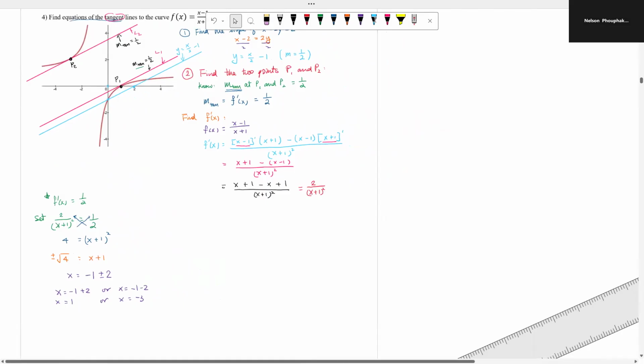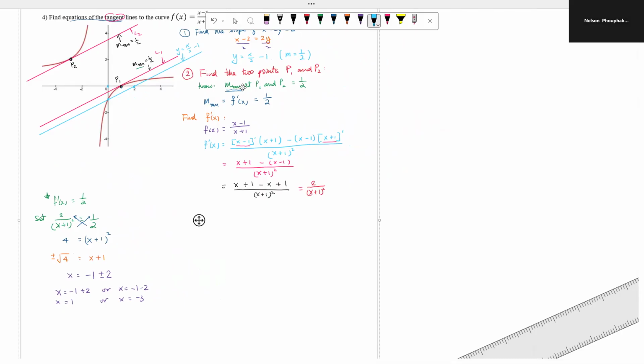And now, if we look back at this problem, we have x equal to 1 here, and the location of P2 is x equal to -3.